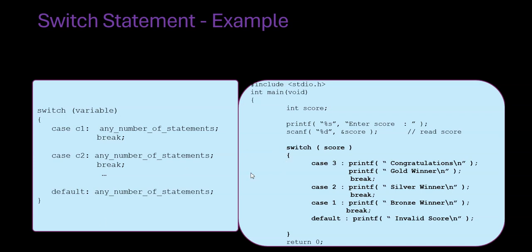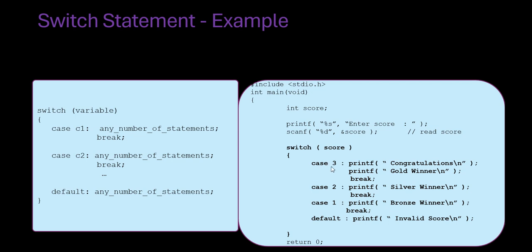Here is an example on how we can use switch statement instead of nested if. We have our program, we have the variable score, that is int. Then we have taken values for those variables from the user. Then we have switch. We use switch instead of nested if. Switch inside parentheses our variable score.